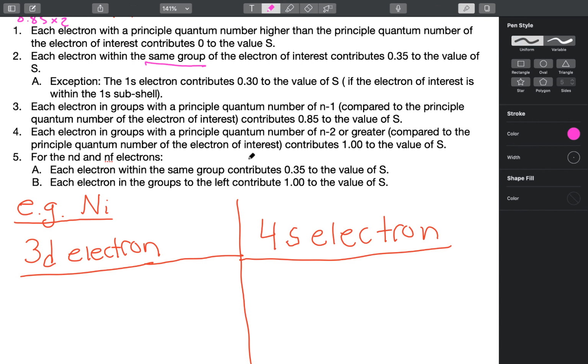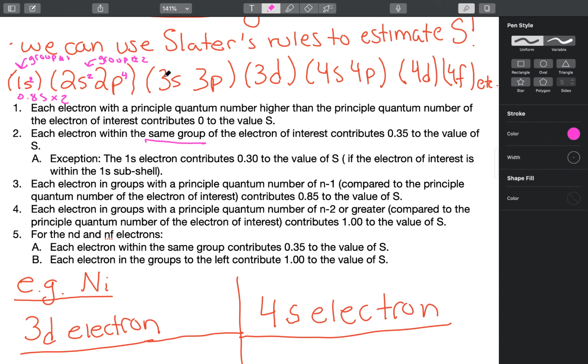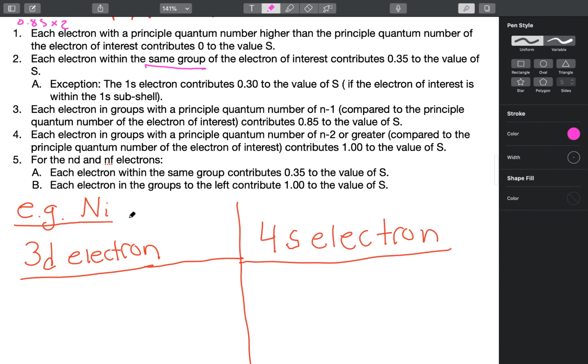So hopefully you paused the video and tried it for yourself. Let's write the electron configuration of nickel in the correct form that Slater wants us to use. Nickel has the configuration of 1s2, so this is our first group.